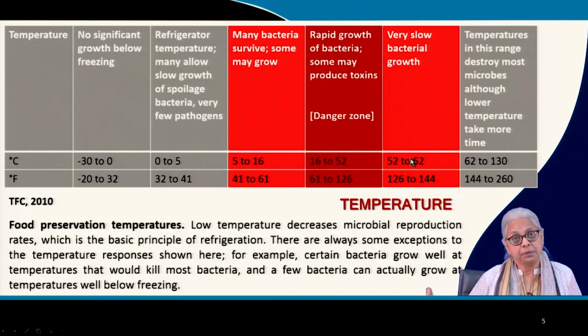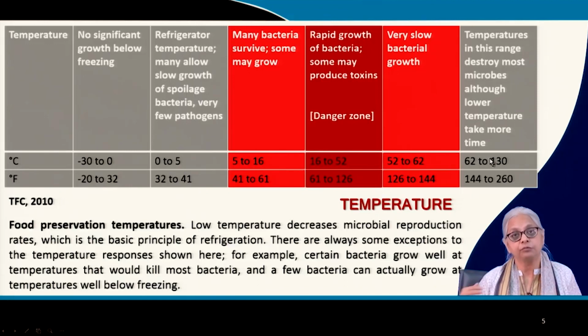If you increase the temperature further from 52 to 62 degrees centigrade, you will find that the number of bacteria that are continuing to live in those samples, you can try it with milk, you can try it with any other liquid food materials, you will find that the concentration of bacteria and other organisms will go down.